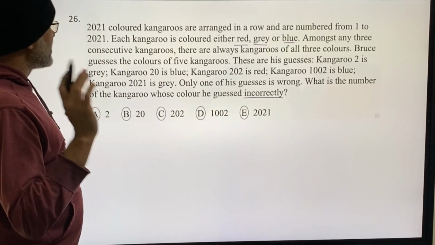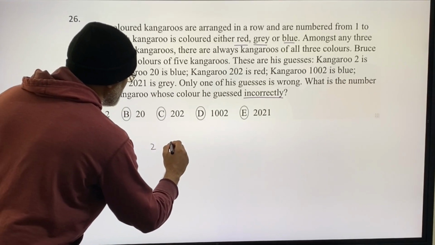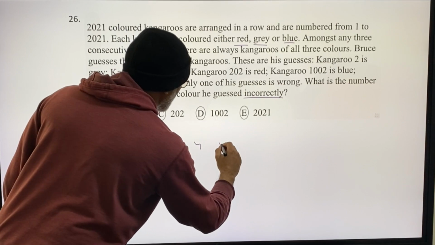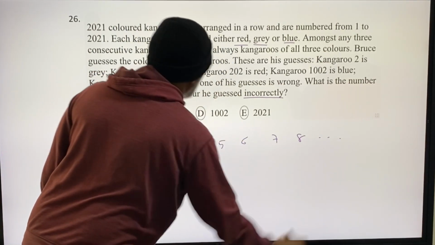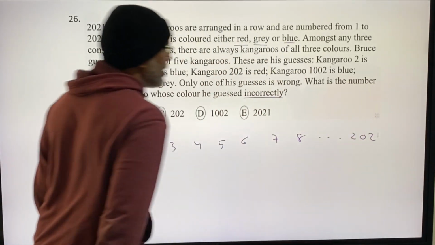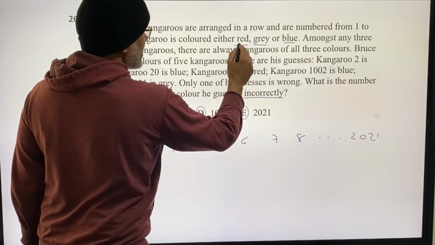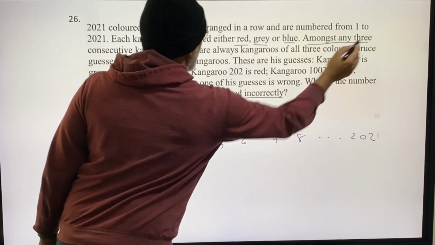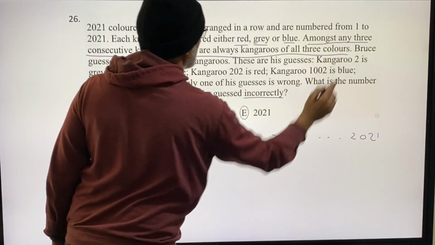All right. Let me first write down a few numbers. 1, 2, 3, 4, 5, 6, 7, 8, all the way there are 20, 21 kangaroos. So there are red, gray, and blue, and among any 3 consecutive kangaroos, there are always kangaroos of all 3 colors.